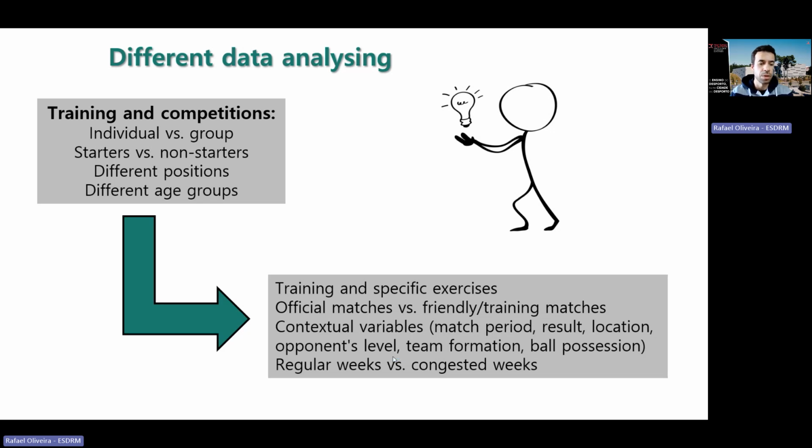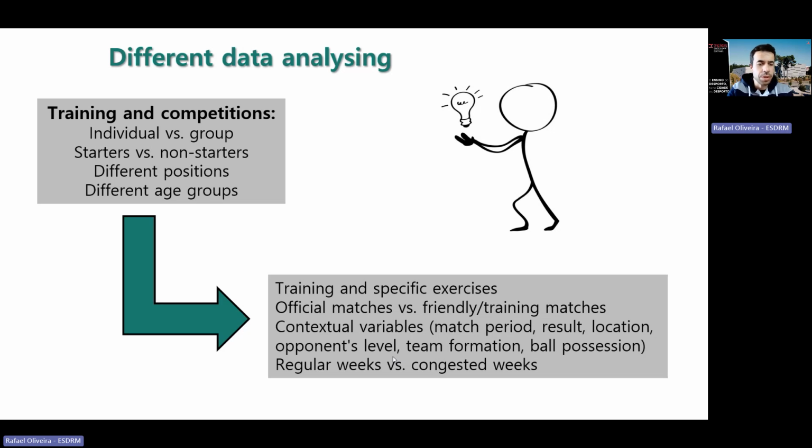They have different physiological and physical characteristics, and for that reason, they should always be monitored and analyzed in an individual manner. Of course, when we produce science, we need more than one player many times, and that's why the majority of the studies include at least one team. But still, when we are producing reports to deliver to the coach, it will be better to give specific information from an individual point of view.